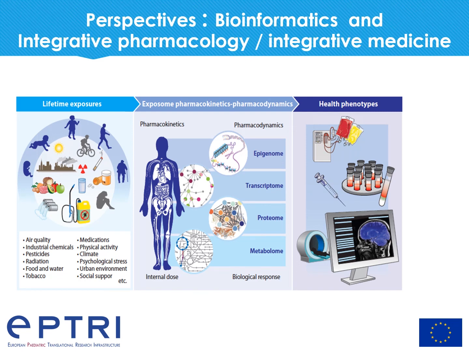And here are listed some of the major factors that may impact drug disposition and effect, including, for example, pesticides, medications, tobacco, and physiological stress, that will be analyzed to understand their impact on pharmacokinetics and pharmacodynamics through different steps: analysis of the epigenome, of the transcriptome, the proteome, and the metabolome, to understand the relation between dose and response, and then define a health phenotype that will be used to select the most adapted treatment.